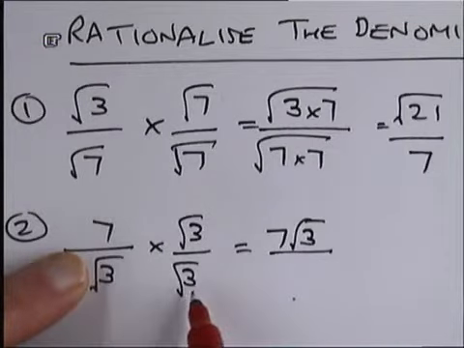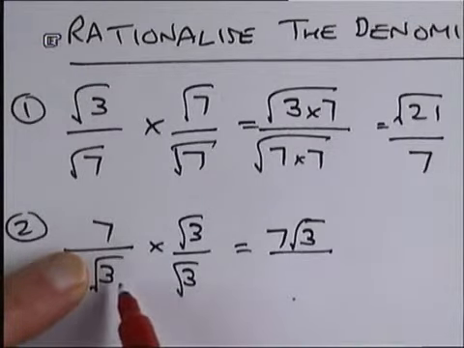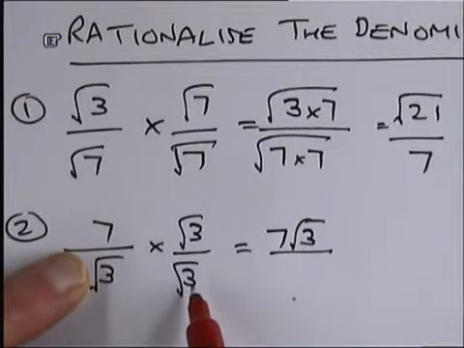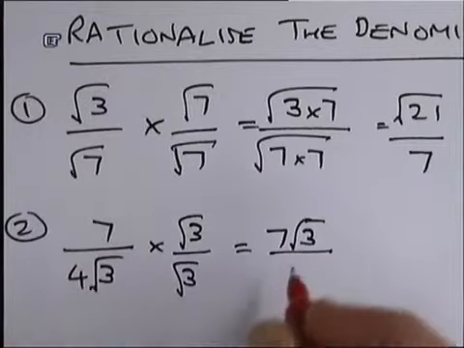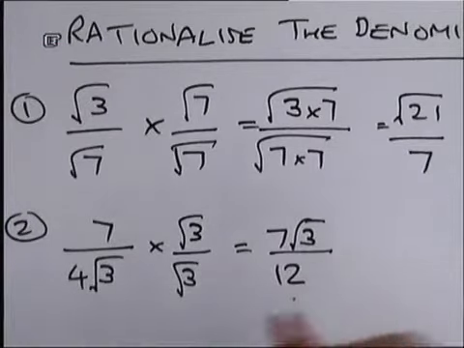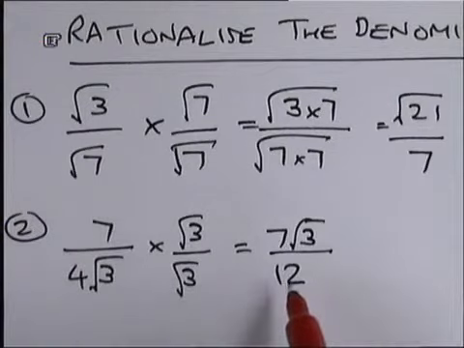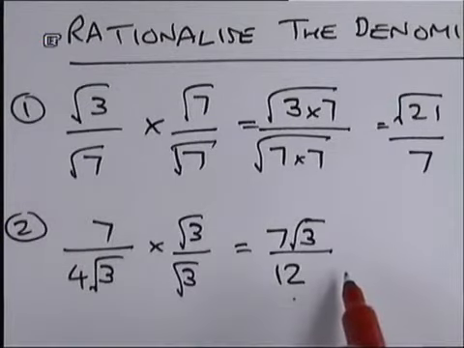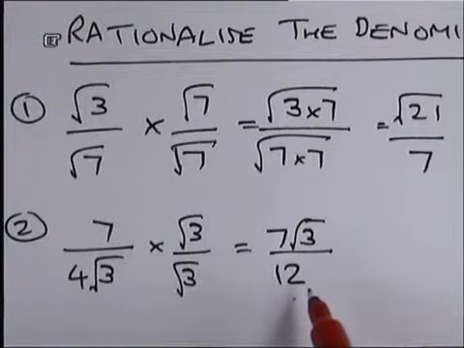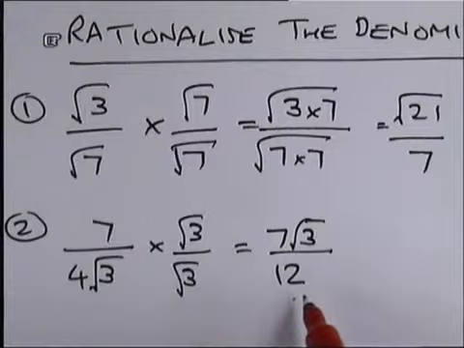Because it's the same square root and we're multiplying by itself, root 3 times by root 3 is 3. 3 times by that 4 is 12. So 4 root 3 times by root 3 is 12. And there's my answer, 7 root 3 over 12. And if you notice, there's no longer a square root sign on the bottom of the fraction.